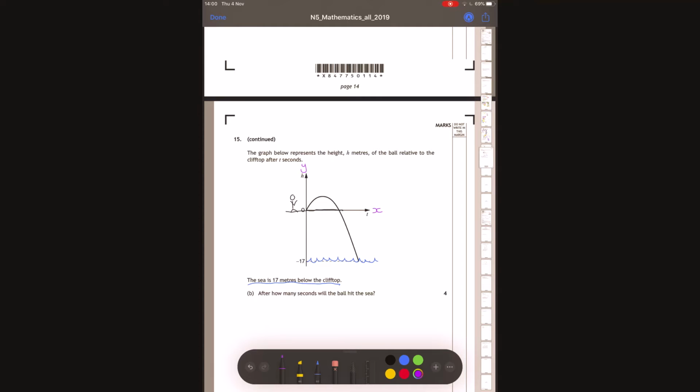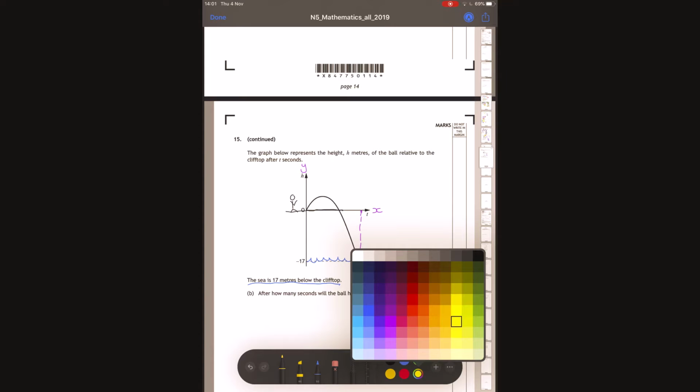So it's looking for an x value, i.e. a t value. See? It hits the sea here and it's wanting to know after how many seconds. So it wants to know the value, if that was actually a straight line, that lies here. It wants to know an x. And guys, hallelujah, we know how to do that.